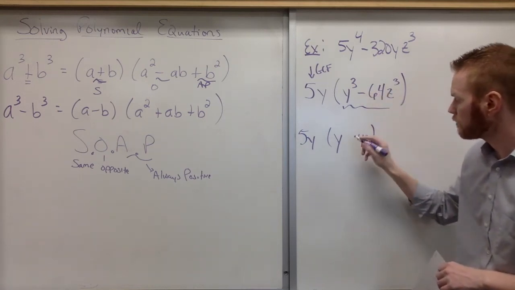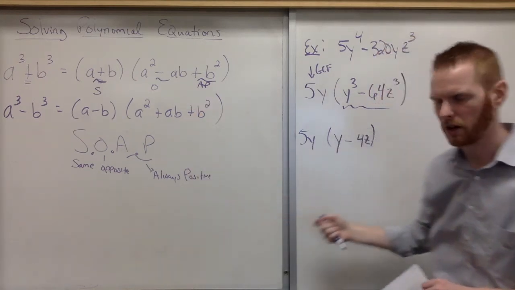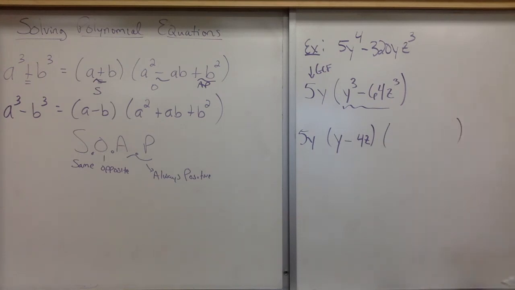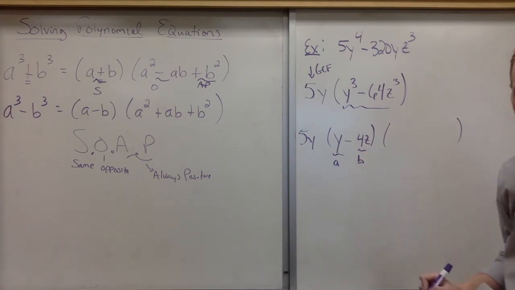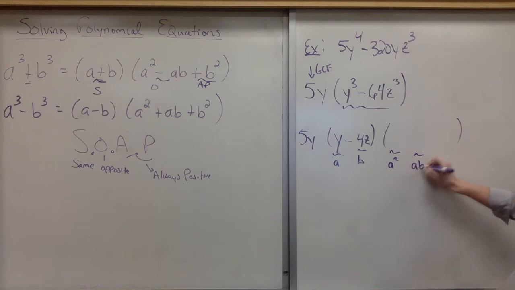And the sign is going to be the same, because remember, we're using SOAP to remember what the signs are. So there's S. Now, I'll just label it. So here's A, here's B. This is A squared. This will be AB, and then this guy would be B squared.